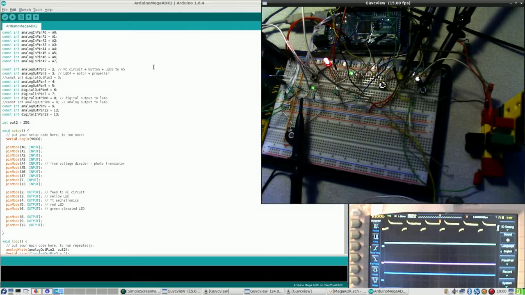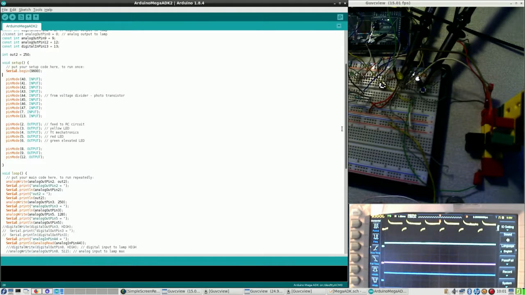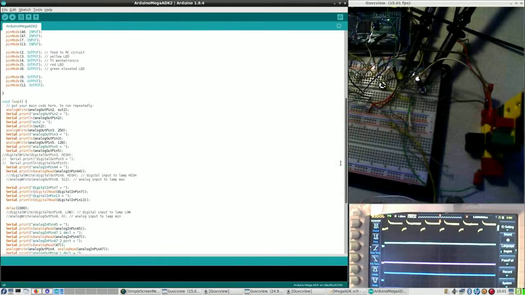And it is, according to this code, designed as analog, so it is being sent out with some nice value. Output 3, yellow LED, and 250.